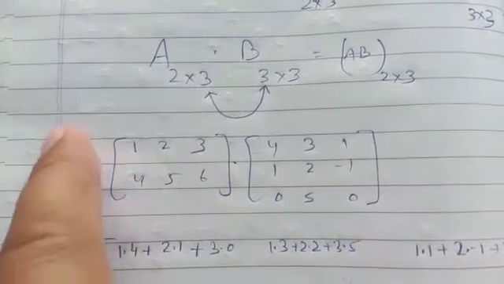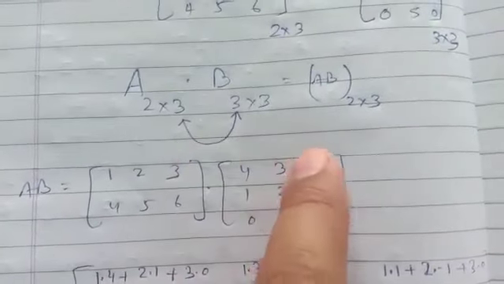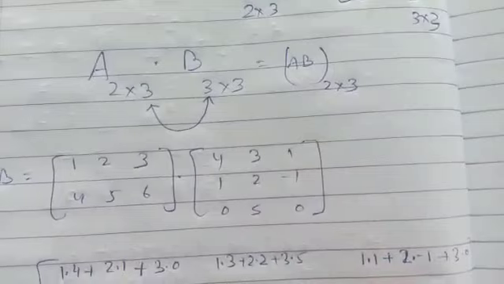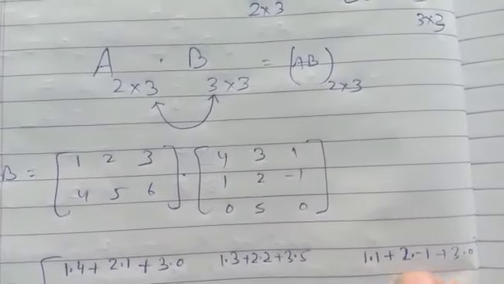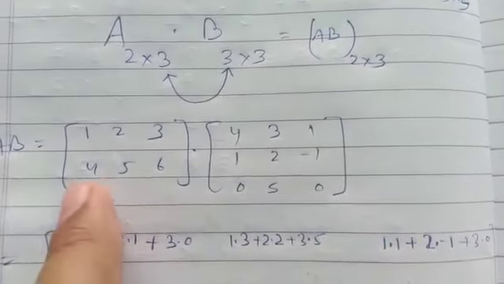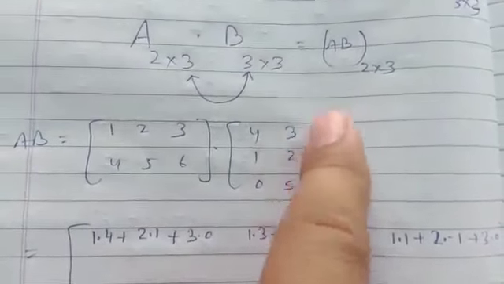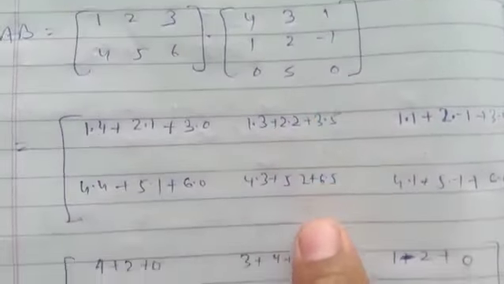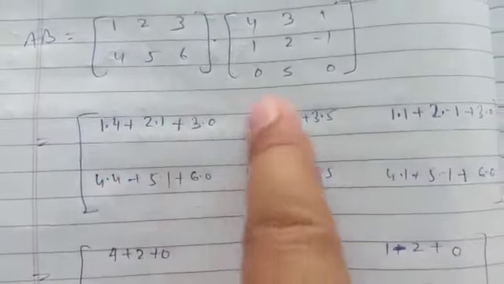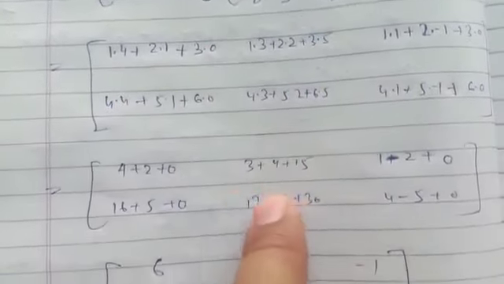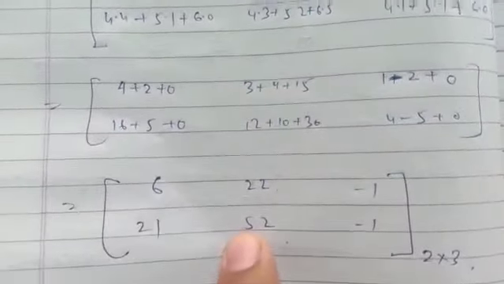Similarly the first row is multiplied with the third column. Similarly the second row is multiplied with the first, second and third columns one by one, and we will get this quantity. After solving this we will get this, and this is the final result.